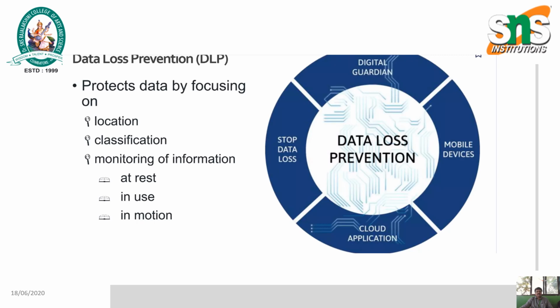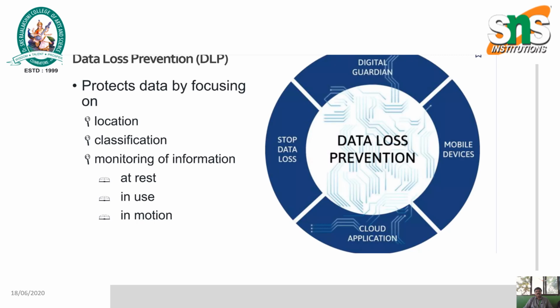In order to prevent this data loss, we have to protect data by focusing on location, classification, and monitoring of information. These are the three cases where we can look after data loss prevention. Location means in which location we are using it, and classification is how the data is classified, whether it is vital information or it can be used for future cases, so all this can be viewed in our classification.